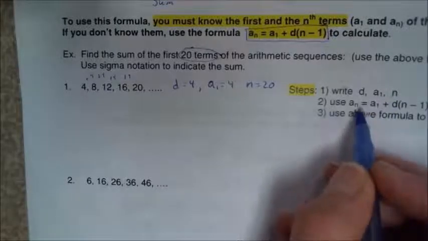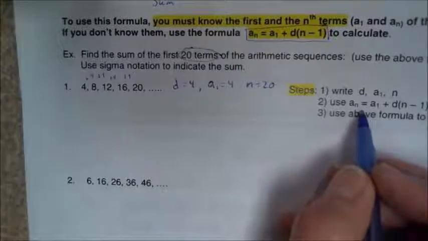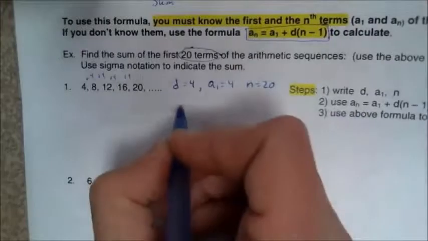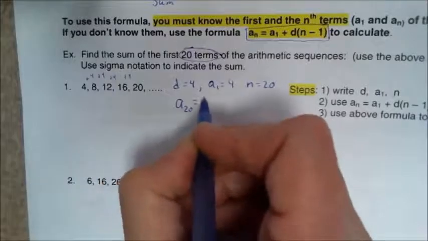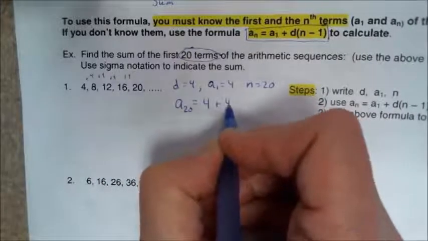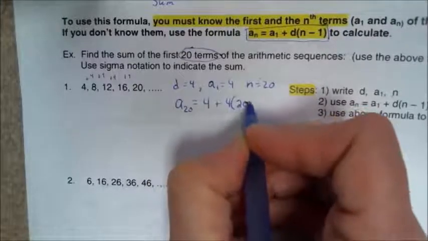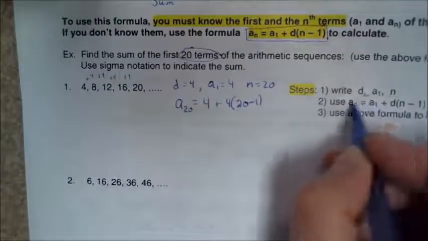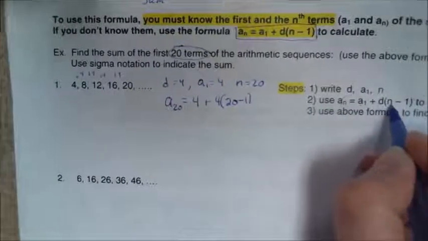Okay, now we have to figure out what the nth, or the 20th, term is. So the 20th term is equal to the first term, 4, plus d, which is 4, times n, which is 20, minus 1. Here's the formula. We know the first term, we know d, and we know n.